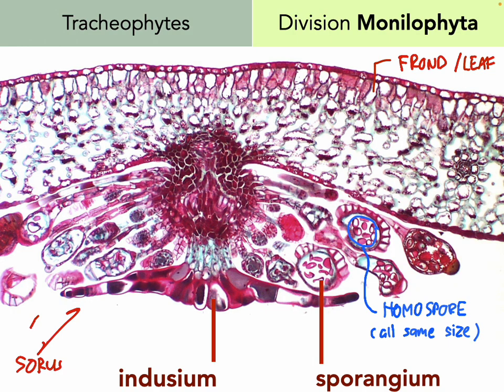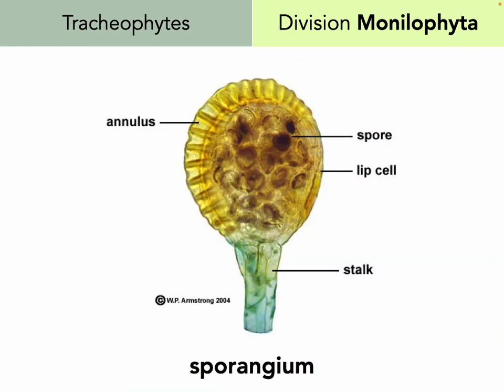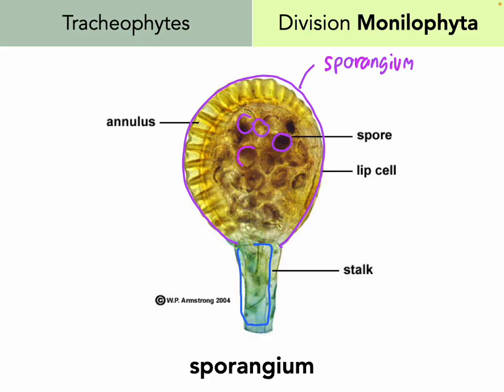So it's a bunch of sporangia put together, and if you look at each sporangium, it's pretty fascinating because it's very detailed. It has a stalk here, and this whole thing here is a sporangium. This is one sporangium with the spore inside, no problem, right?